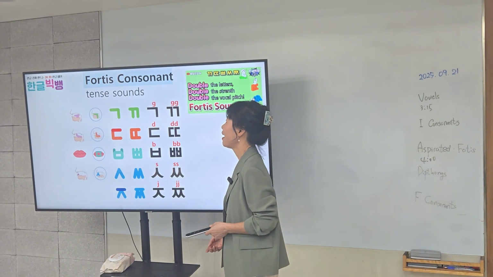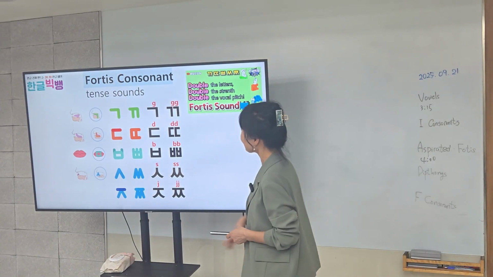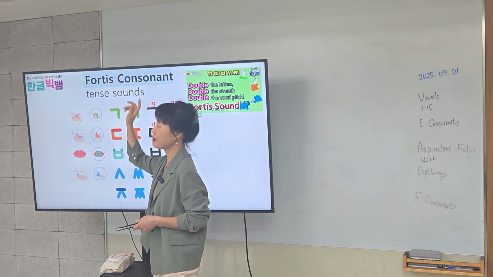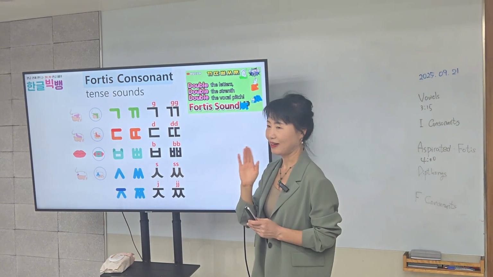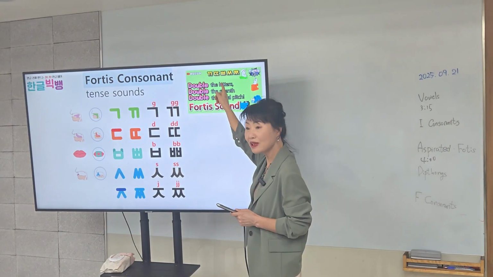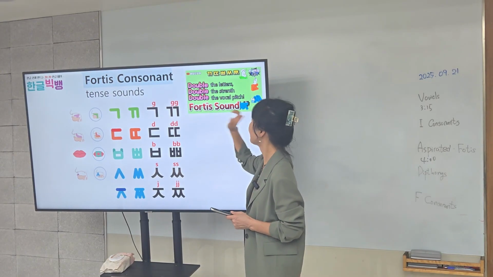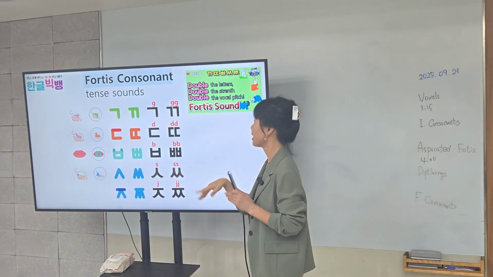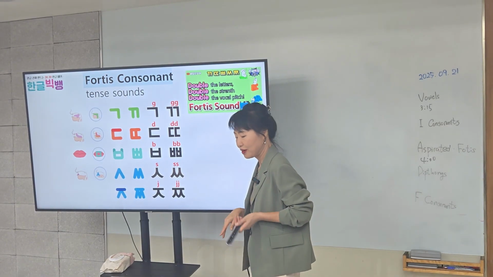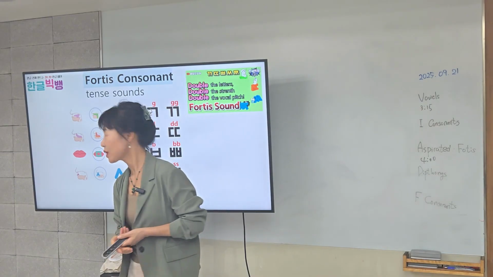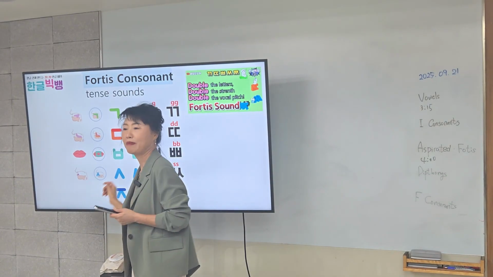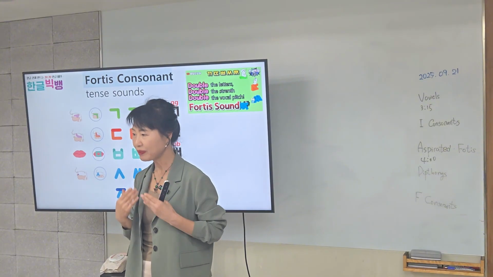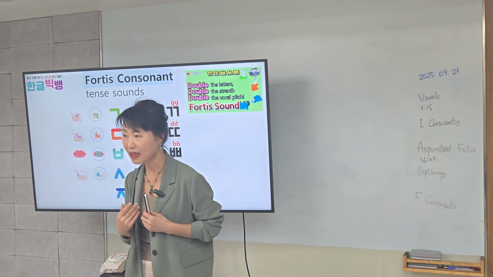And then now, the fourth set of consonants. So the fourth is the tense sound. So let's remember: double the letters, double the strength, double the vocal pitch. This is the fourth sound. So look at my lips. When I pronounce the basic consonant p, I move my lips gently, p, like this.